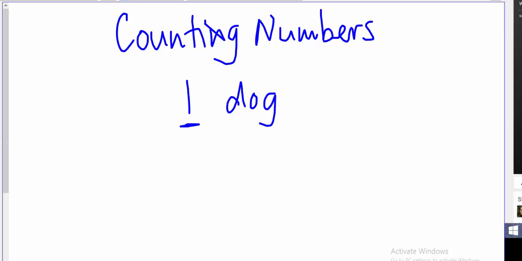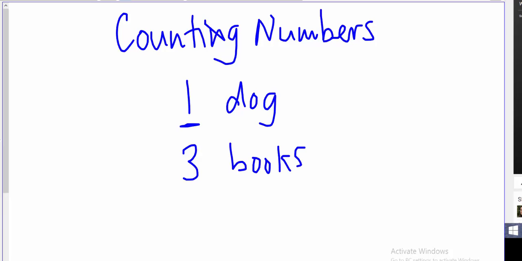The 1 here is a counting number, and we can't have a fraction of a dog. So any whole number would represent a number of dogs. So we can have 0 dogs, 1 dog, 2 dogs, etc. But we can't have 1.6 dogs, hopefully. So 1 dog would be represented by a counting number. Another example might be 3 books.